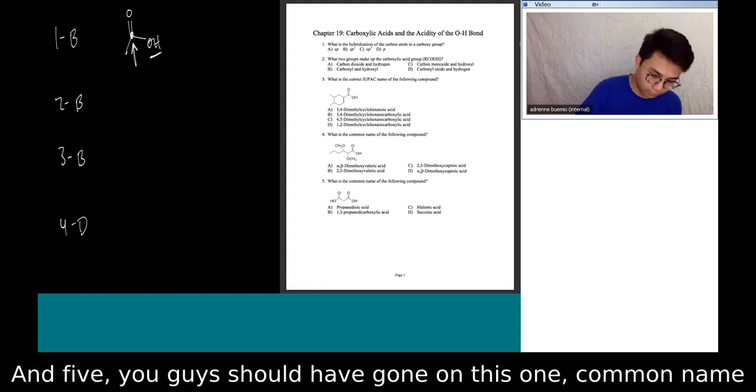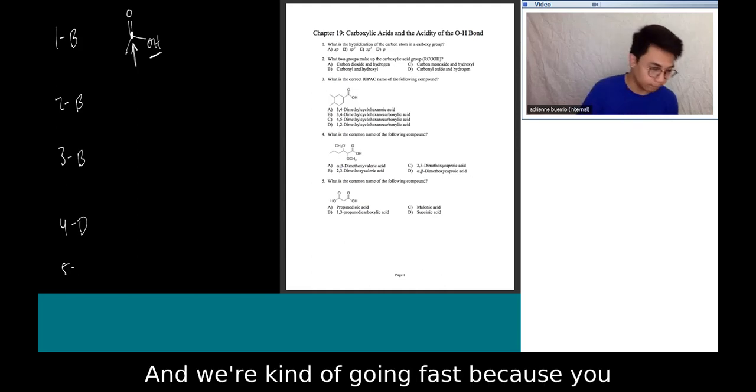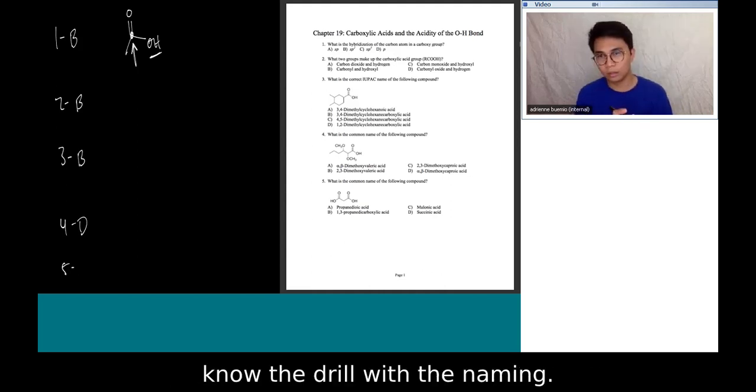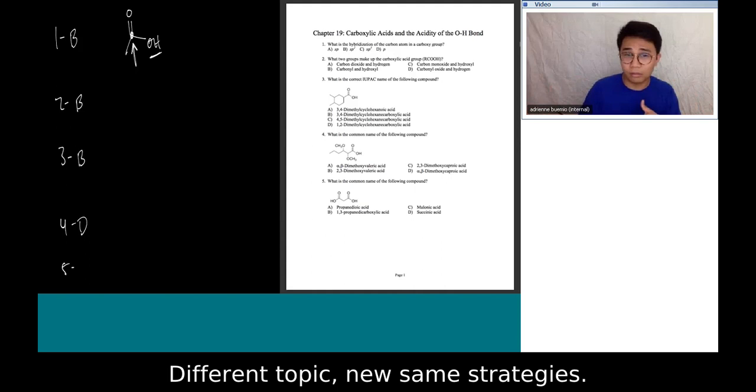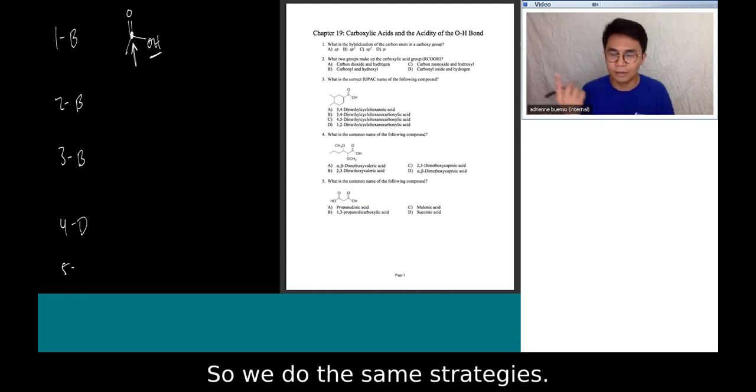And five, you guys should have gone with the common name again. We're kind of going fast because you know the drill with the naming. There's nothing different, new topic, same strategies.